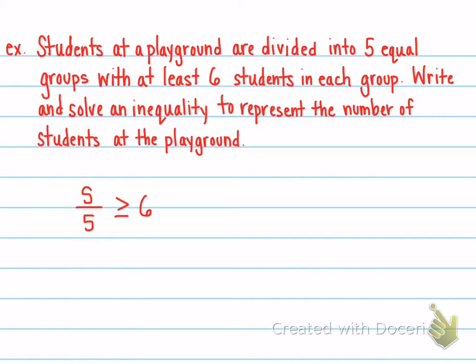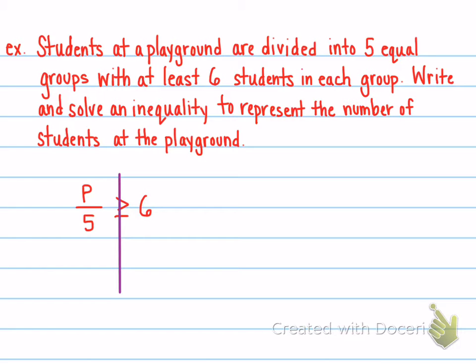Because this division problem, and you know what, I'm going to use a different variable because it looks like a 5. This division problem, I'll use P for playground, has to show the number of students on the playground, divided into 5 equal groups, has to give you more than or equal to 6 in each group. Take a second to solve that.